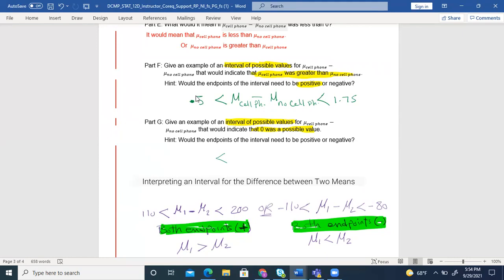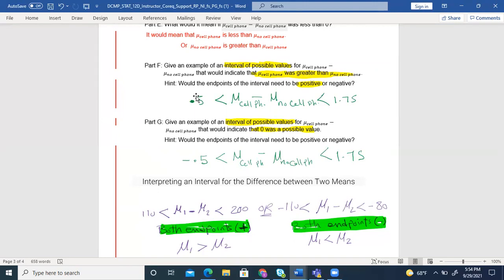That's why we get this hint that the endpoints of this interval need to be positive and negative, one of them positive, one of them negative. So in this case, mu for the cell phone minus mu for no cell phone, you can put here negative 0.5, for example, and here 1.75.